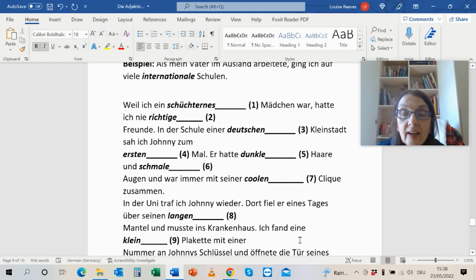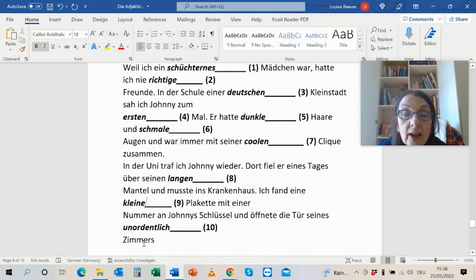Ich fand eine, now Plakette, that tells me it's feminine, but even the eine tells you here, and you're going to be putting an E here. Mit einer Nummer an Johnnys Schlüssel und öffnete die Tür seines. That means the genitive, and if it's genitive we're going to have, of course, EN at the end.